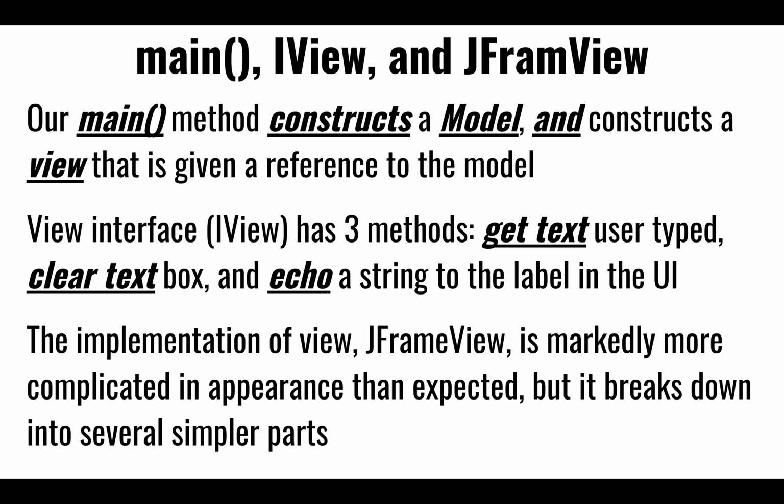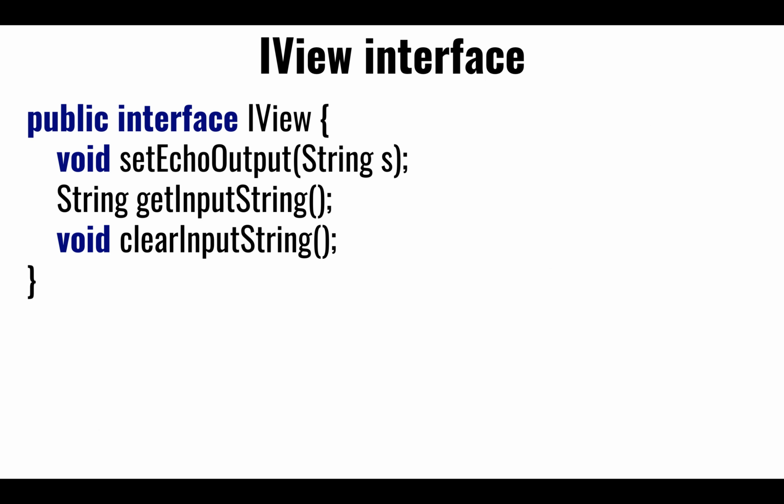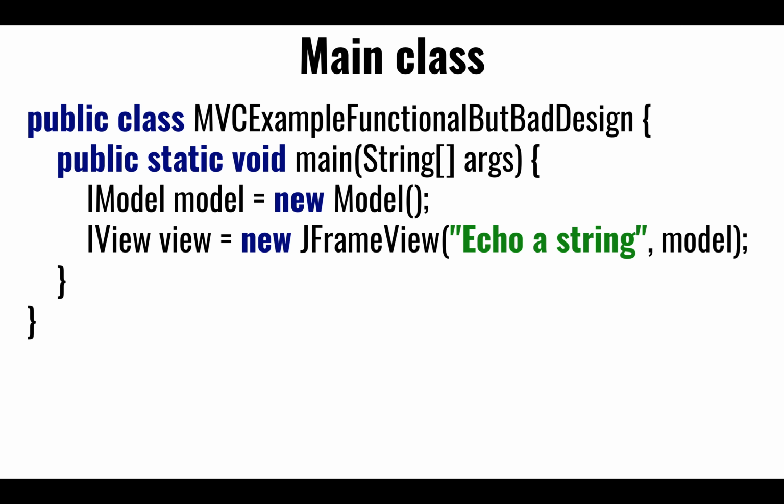That's Swing's jargon for a window that I can populate a user interface with. So it'll be our own JFrame that we can then populate with all sorts of controls. So here's our interface. It's a trivial interface. We have set echo, get input string, clear input string, and then we'll have our own JFrameView implement it.